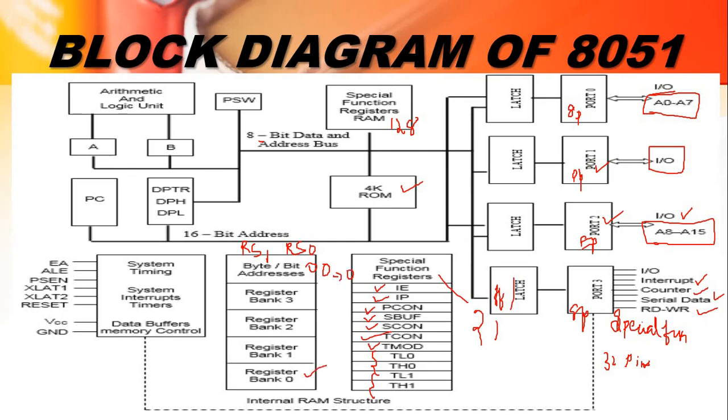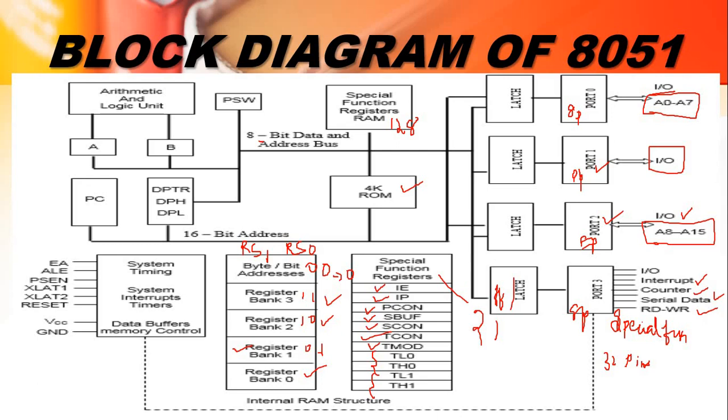If it is 01, it will choose register bank 1. If it is 10, it will choose register bank 2. If both selectors are 11, the data will be stored in register bank 3. For that purpose only we use this register bank structure.